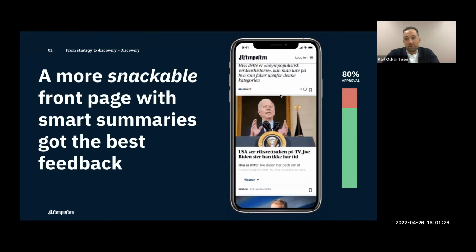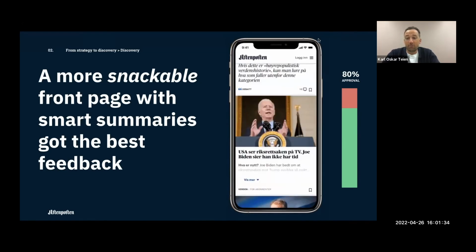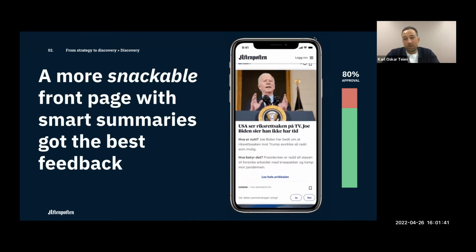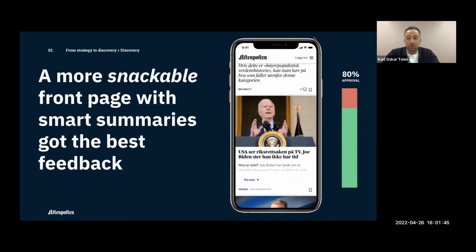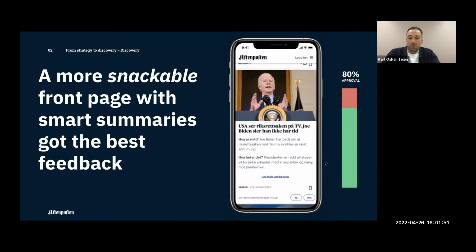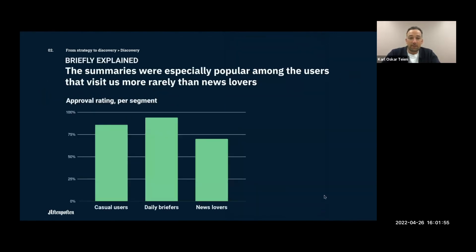This is why you should care about the story. That does two things. Either it can help users understand better whether this article is worth reading for them. And secondly, here's a bit of background so that if you don't have that much time, if you want to read this one later, then you can read it later and have the quick version right now. So that's something we thought we wanted to solve for users, and especially the users that were visiting us less frequently.